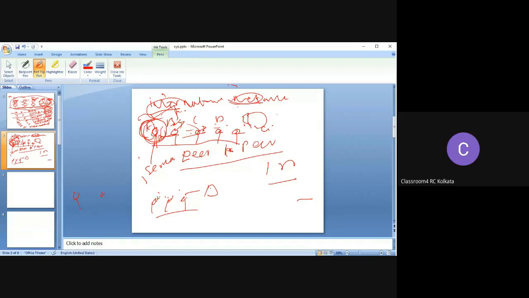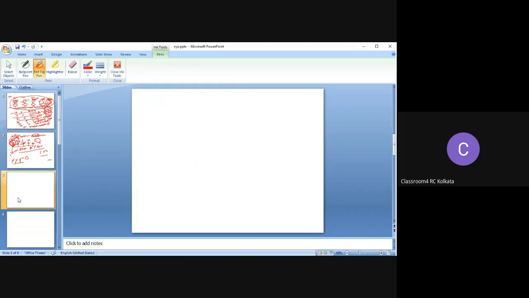Okay, so every communication system has some basic things. One is the sender. First is the sender, who can send data. Second is the receiver, who can receive data.